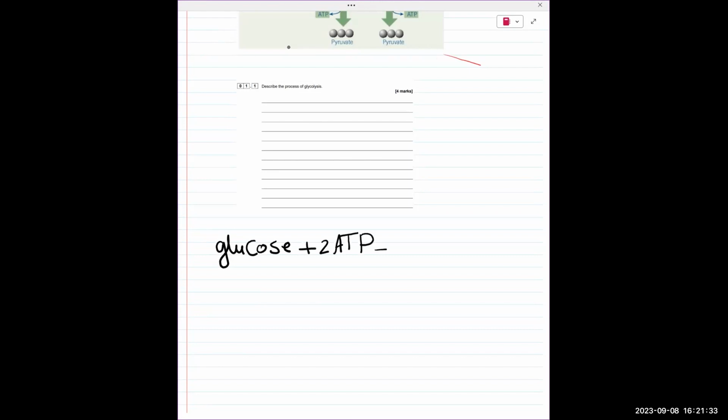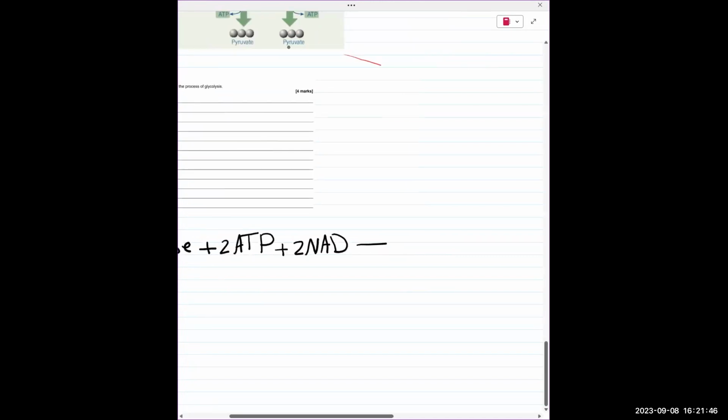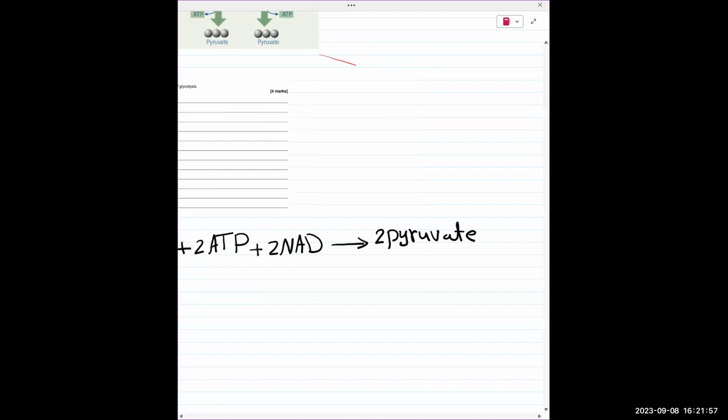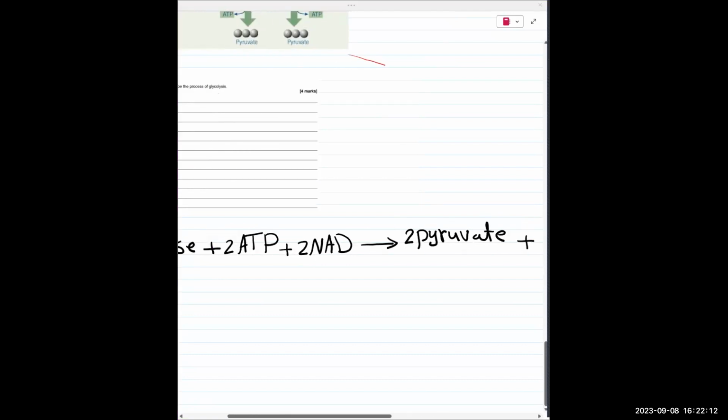Then there was 2 NAD in the step of oxidation. Then what was the product? The glucose hydrolyzed and broken down to form 2 pyruvate, plus 4 ATP plus 2 reduced NAD. Is it clear?